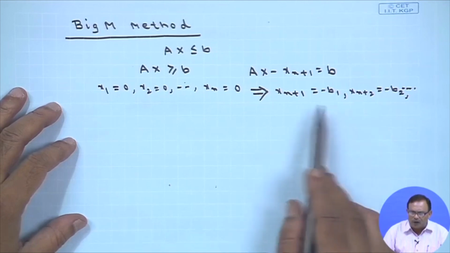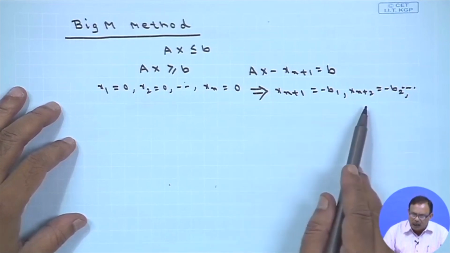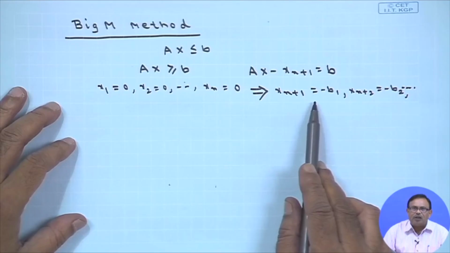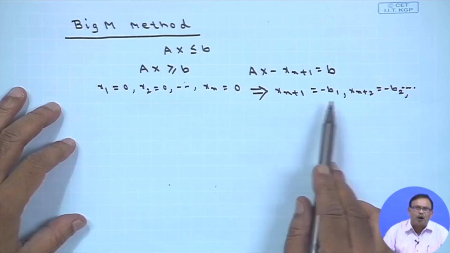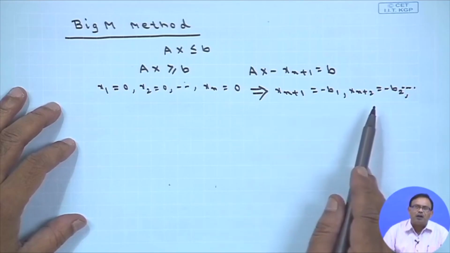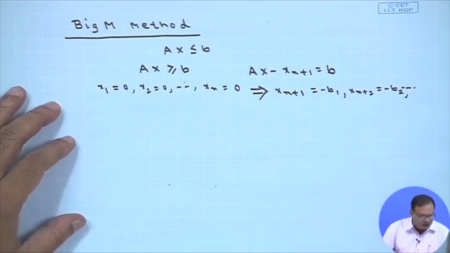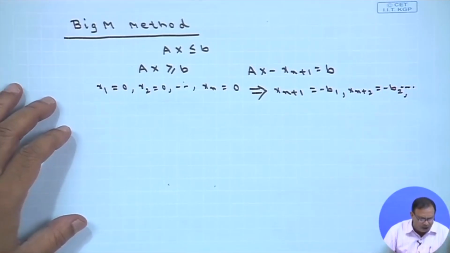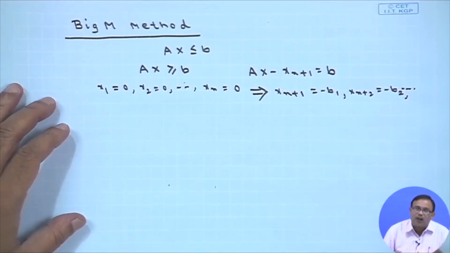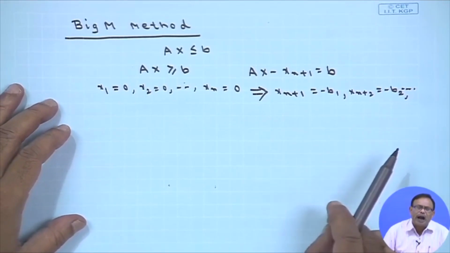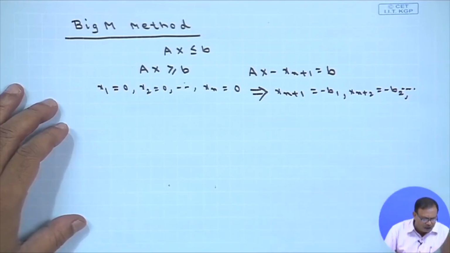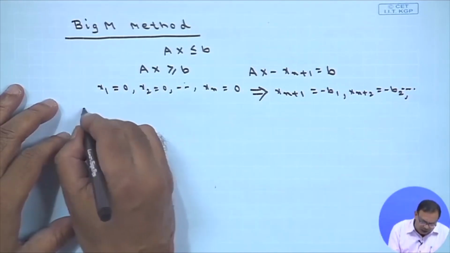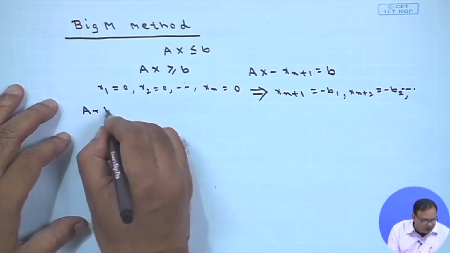For this case these variables x n plus 1, x n plus 2 are negative, so we cannot consider these variables. To overcome this situation, for each surplus variable we add one more variable, which is known as an artificial variable.